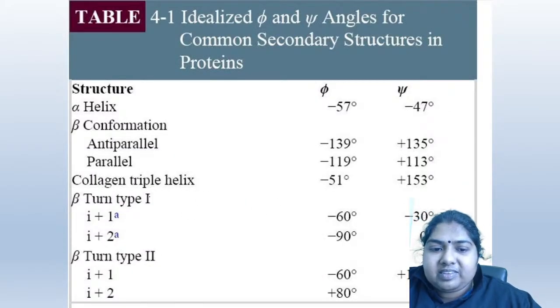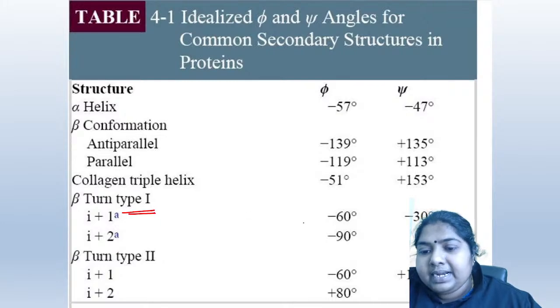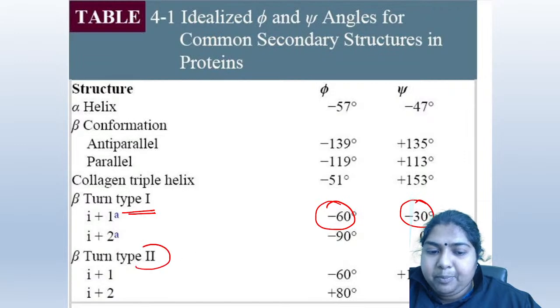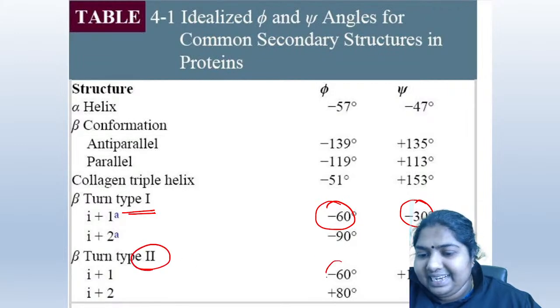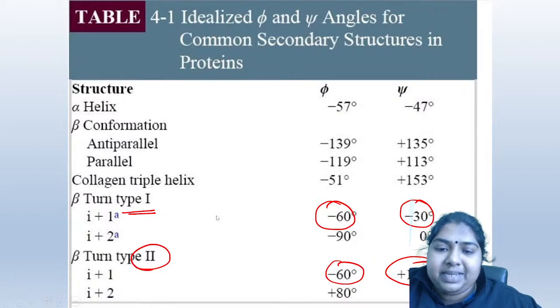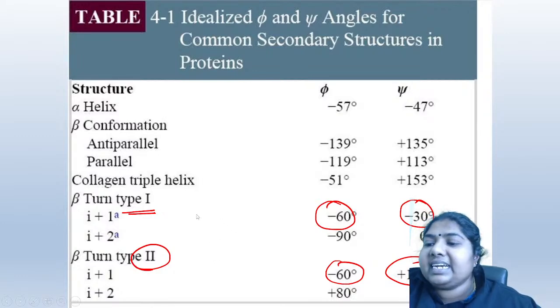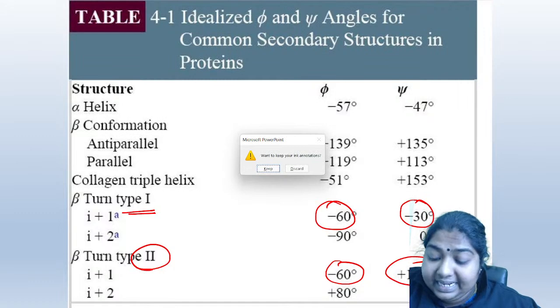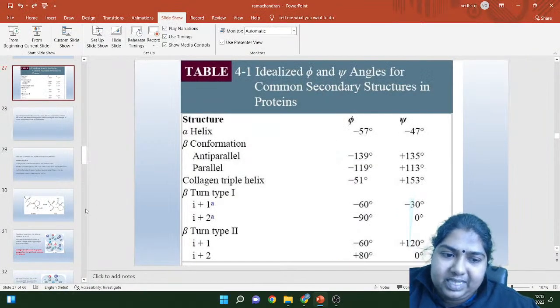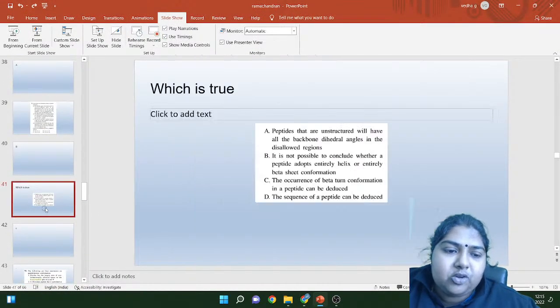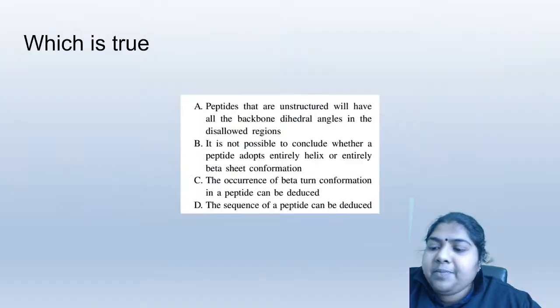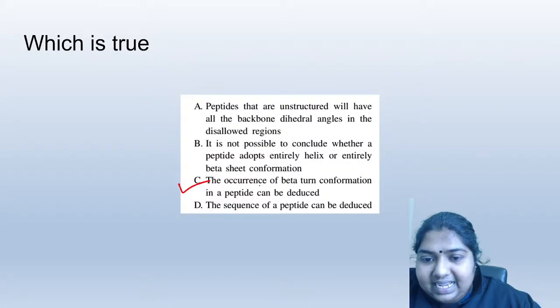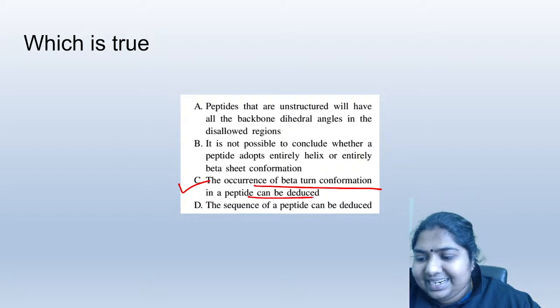See here, if it is type 1 beta, it is going to be minus 60, minus 30. If it is type 2 beta, it is going to be minus 60 and plus 120. So if it is a beta turn, definitely it is possible for you to detect where this beta turn is going to be. So absolutely that is going to become a true statement. The occurrence of beta turn can be detected.